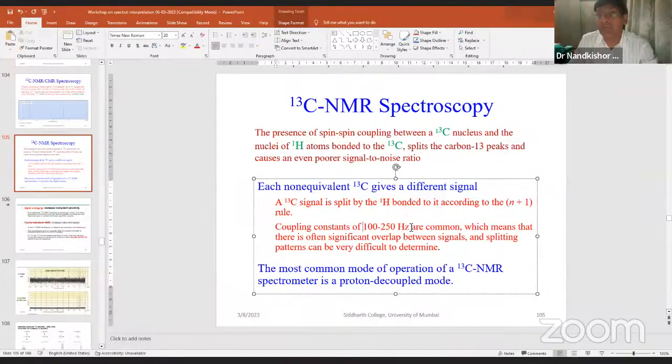This is a basic difference between proton magnetic resonance and C13 NMR.